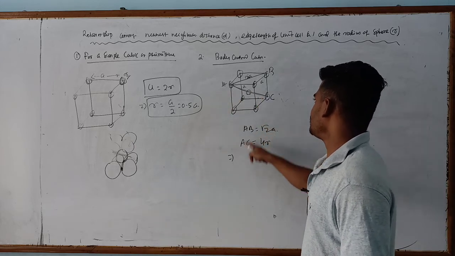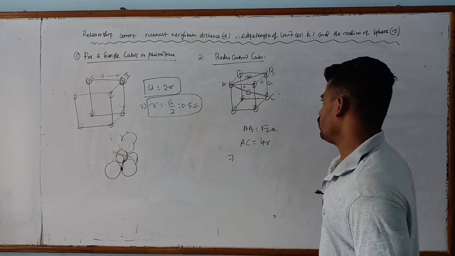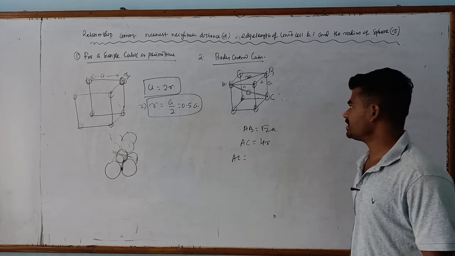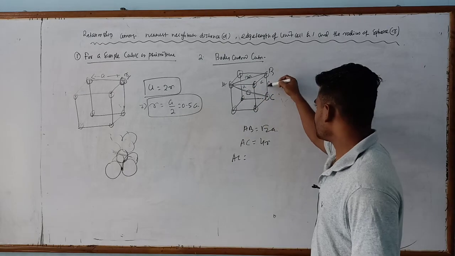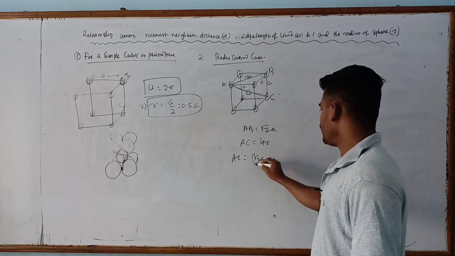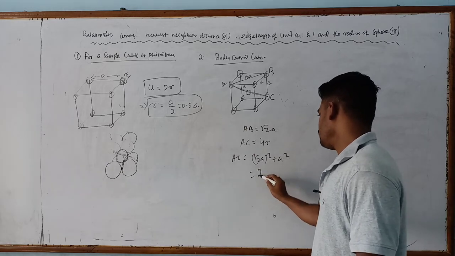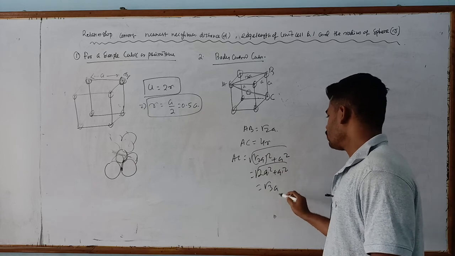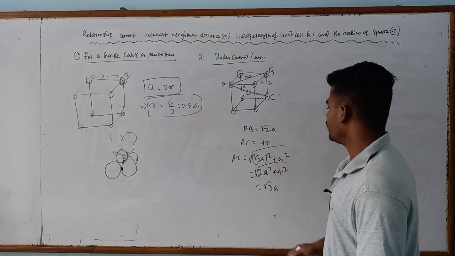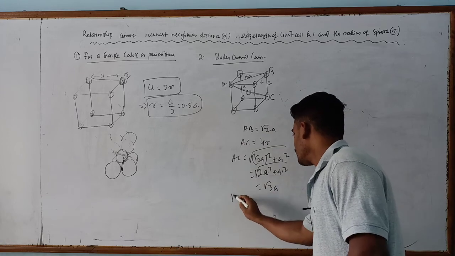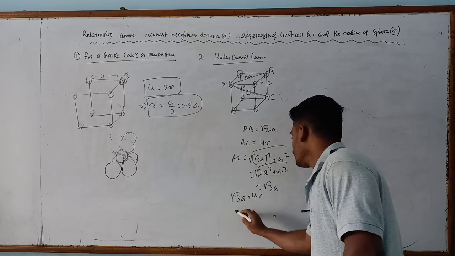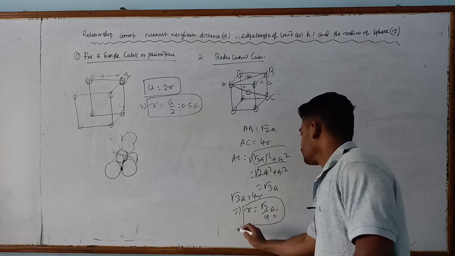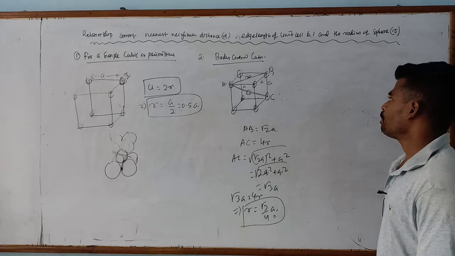And what is the value of SC? If you compare this triangle, this is A, root 2A, that is SC. Applying the Pythagoras theorem, SC is equal to the square root of AB square plus BC square. That will be root 2A whole square plus A square, that is 2A square plus A square, under the root, so the value will be root 3 into A. So I can write AC is equal to 4R, that means root 3A is equal to 4R. Then R is equal to root 3 by 4 into A. This is the expression for BCC.